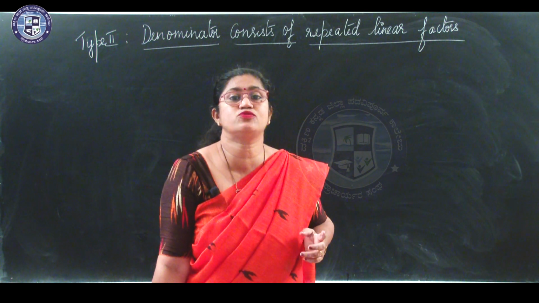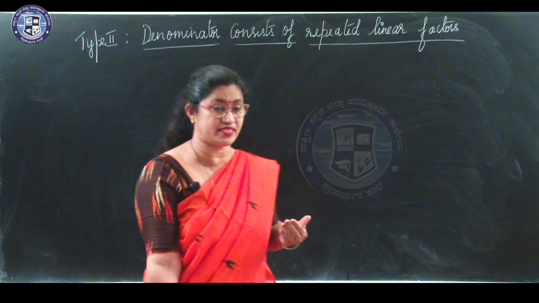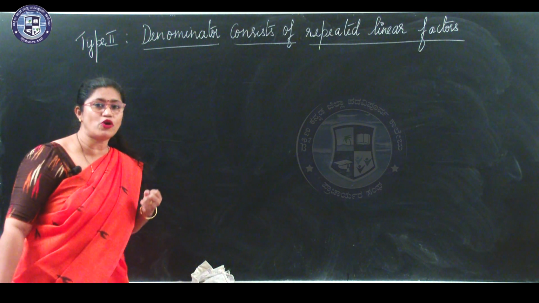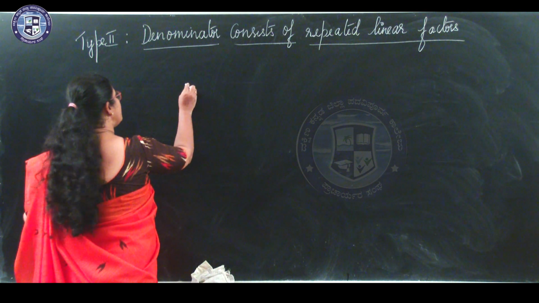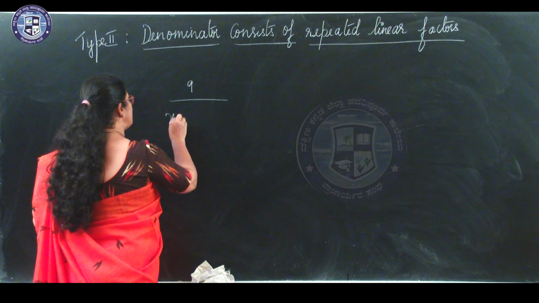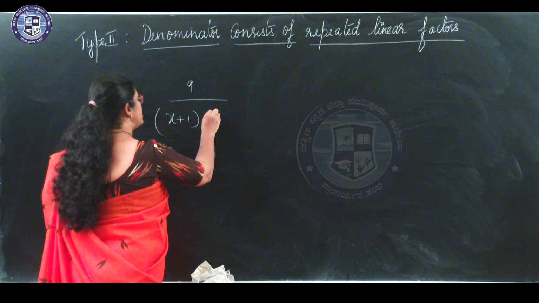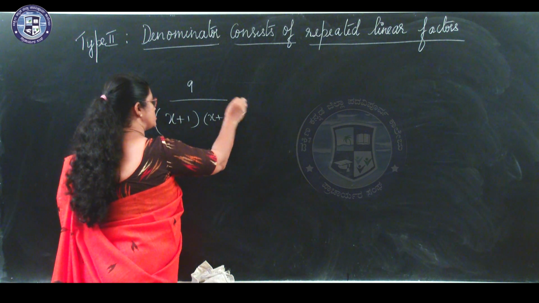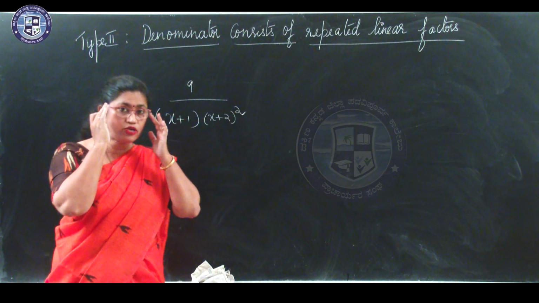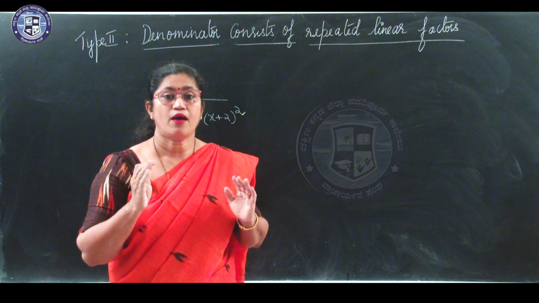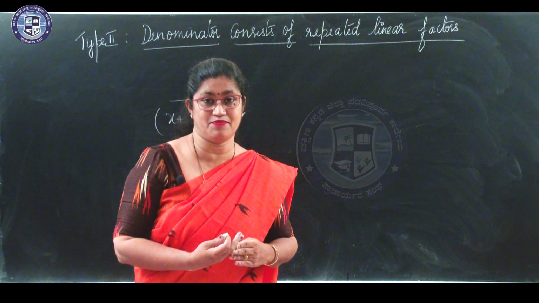Now, what happens when there are repeated linear factors? We will just take a small example. Now, if I had a term 9 by (x plus 1) into (x plus 2) the whole square. I need to think before taking LCM.